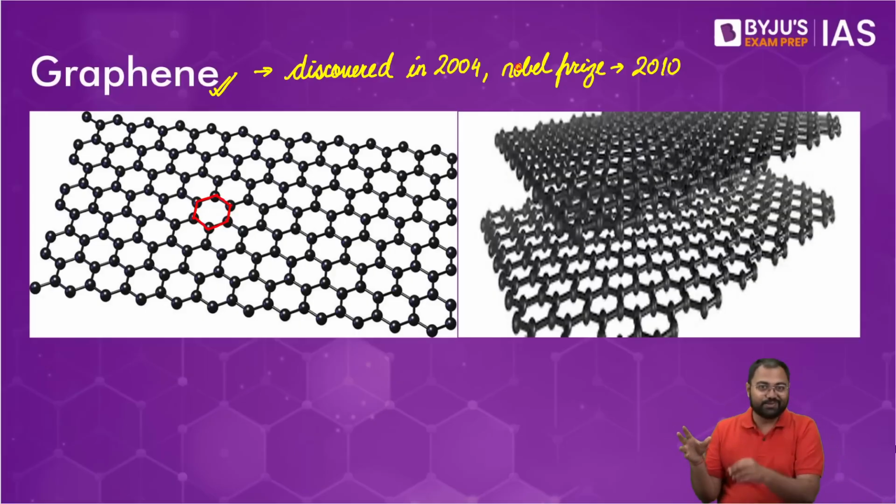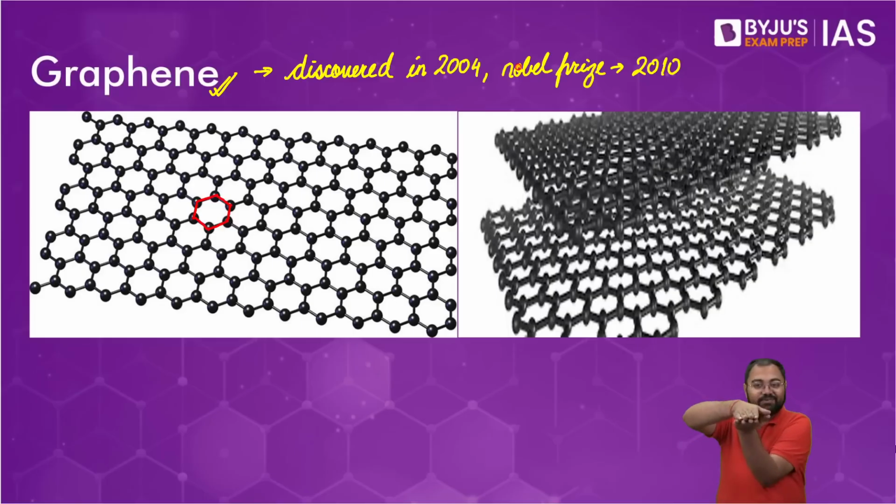The scientists who got the Nobel Prize for the discovery of graphene were playing around with graphite. They had particles of graphite, and they were using sticky tapes, the cello tapes as you call them, and just peeling off graphite. When they looked at it under the microscope, they found graphene.